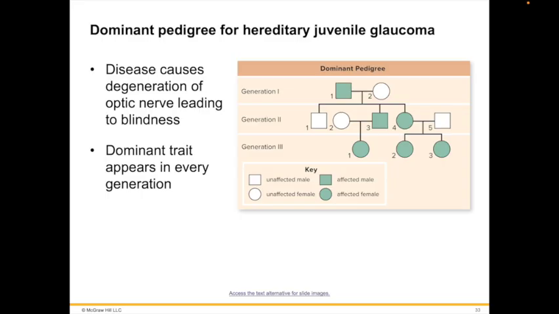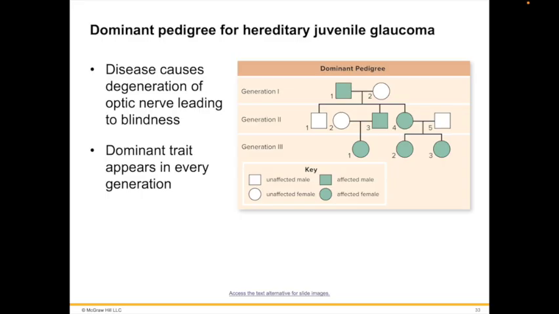It is also possible in a dominant pedigree for two affected parents to have unaffected offspring, which would not be possible with a recessive trait.